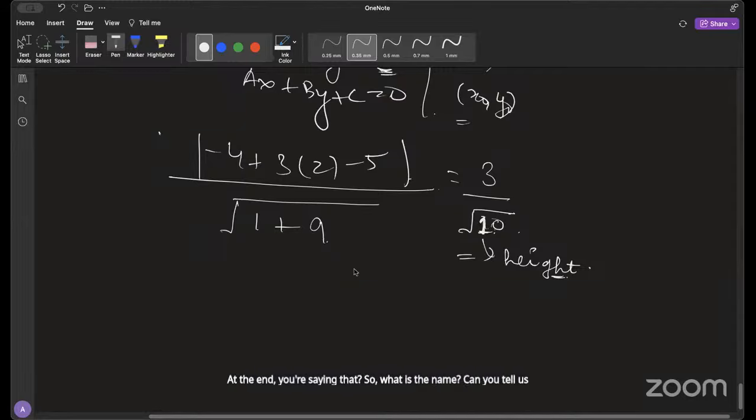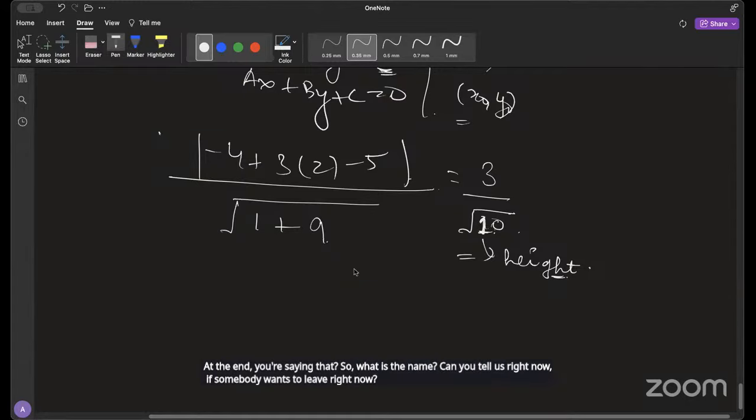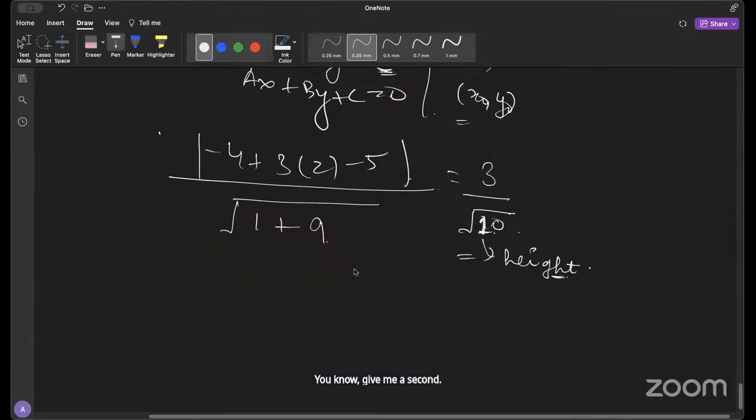If somebody wants to leave right now, they can. Yeah. Okay. Give me a second. IIT Madras BLC is the name of the channel. Yeah, just search IITM BS Math 1, and then you'll see a channel there.